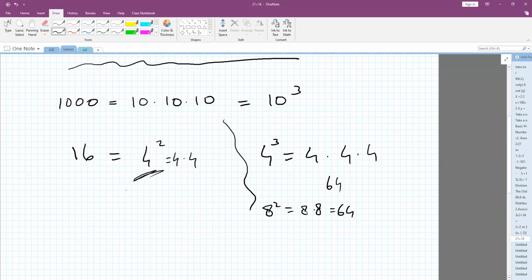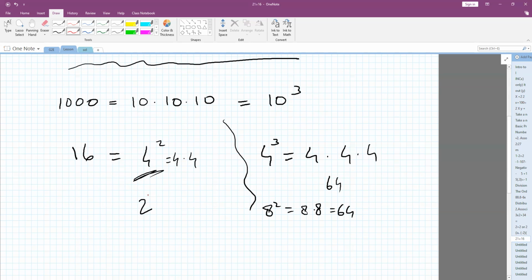What is another possibility? Another explanation for 16. Actually, if you remember what we have done before, 16 is also 2 to the power of something.